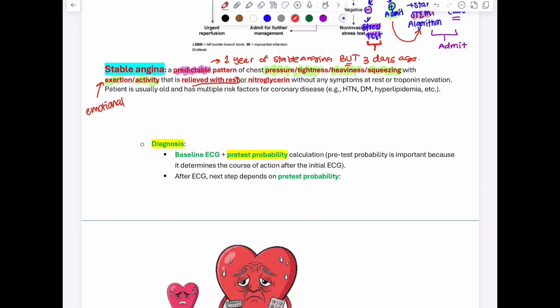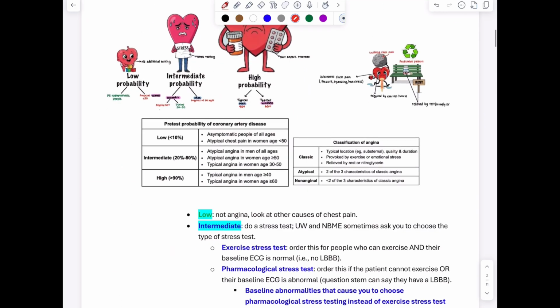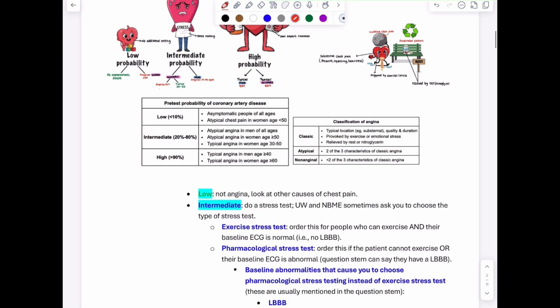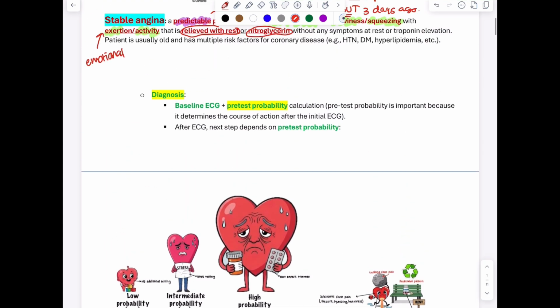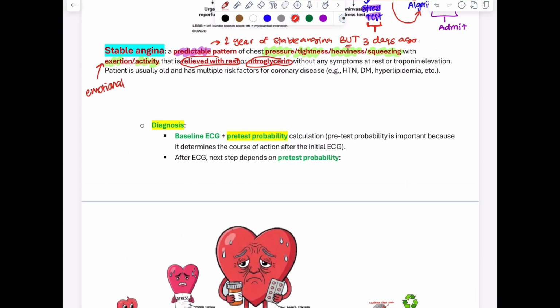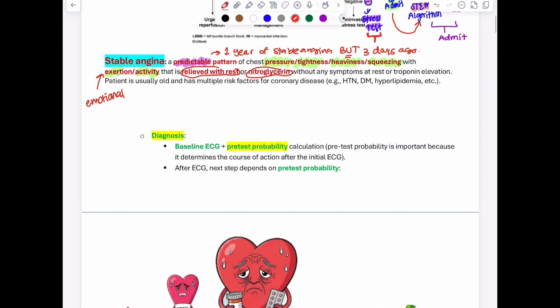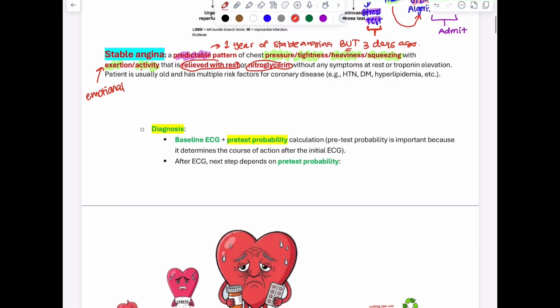And it's relieved with rest or nitroglycerin. This is very high yield for stable angina, because we're going to go to a table down here where you start figuring out if a pain is angina pain or it's not angina pain. And that's going to determine your pretest probability, and it's going to determine if you're doing a stress test in the first place. So, predictable pressure or tightness with exertion or activity, relieved with rest or nitroglycerin.